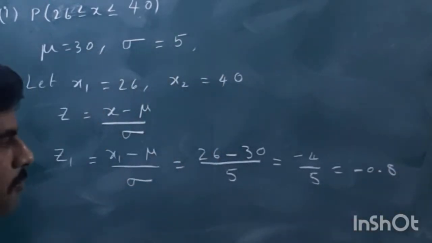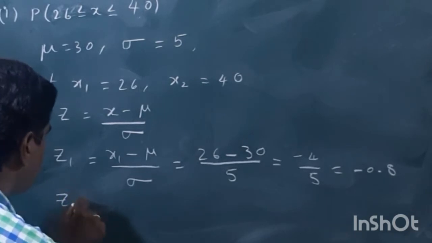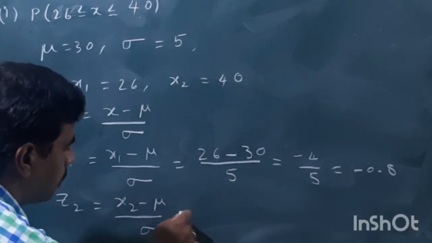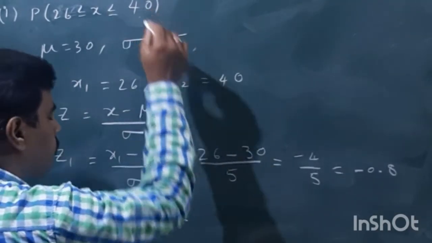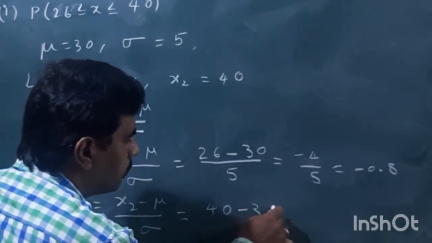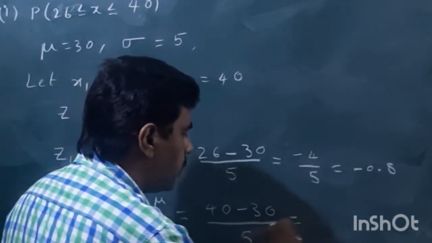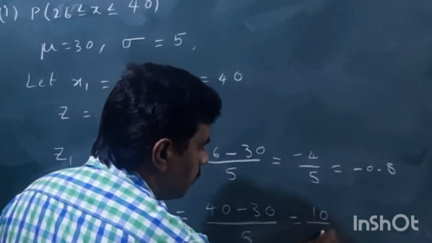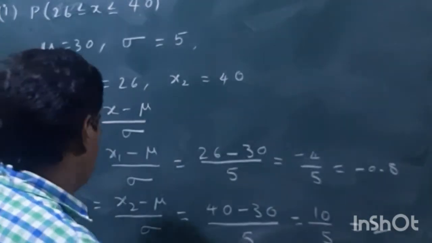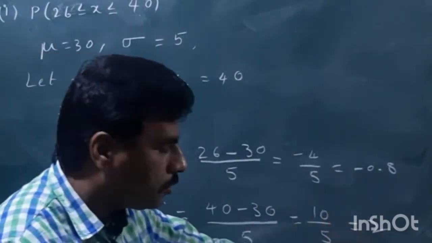That is the value of z1. Similarly, we find the value of z2 by using the formula x2 minus mu by sigma. Here the x2 value is 40. 40 minus mu value 30 by sigma value 5. 40 minus 30, 10 by 5, that is 2. Therefore, z1 value is minus 0.8, z2 value is 2.